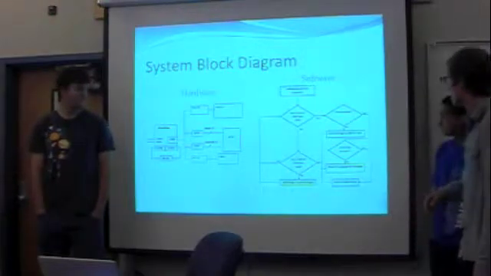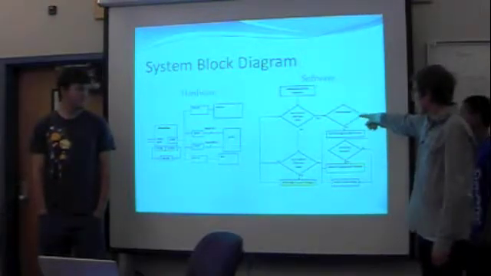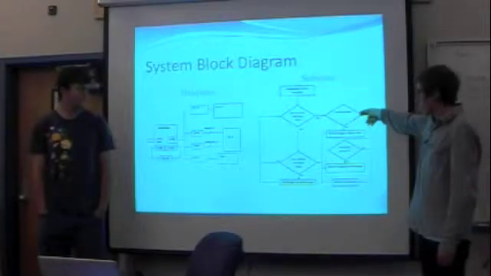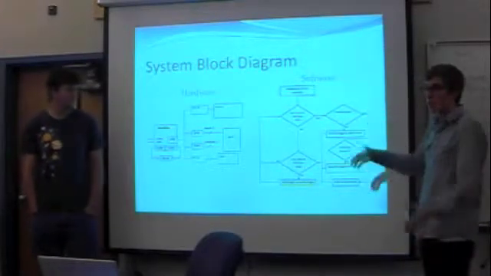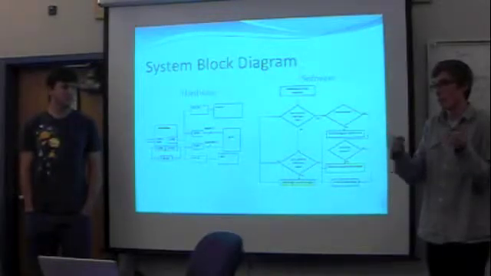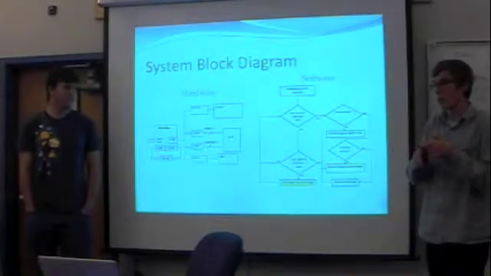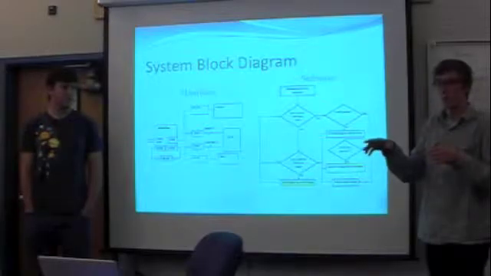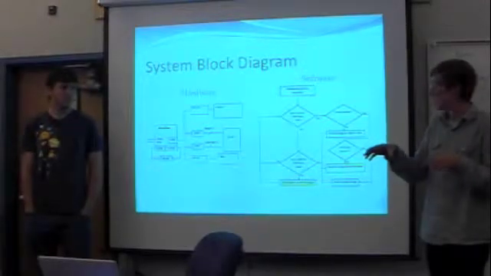Then we have a check that looks for an enter, and on an enter press, it sends the message. The entire string that it has saved, it exports through the UART to the transfer FIFO of the Xbee.